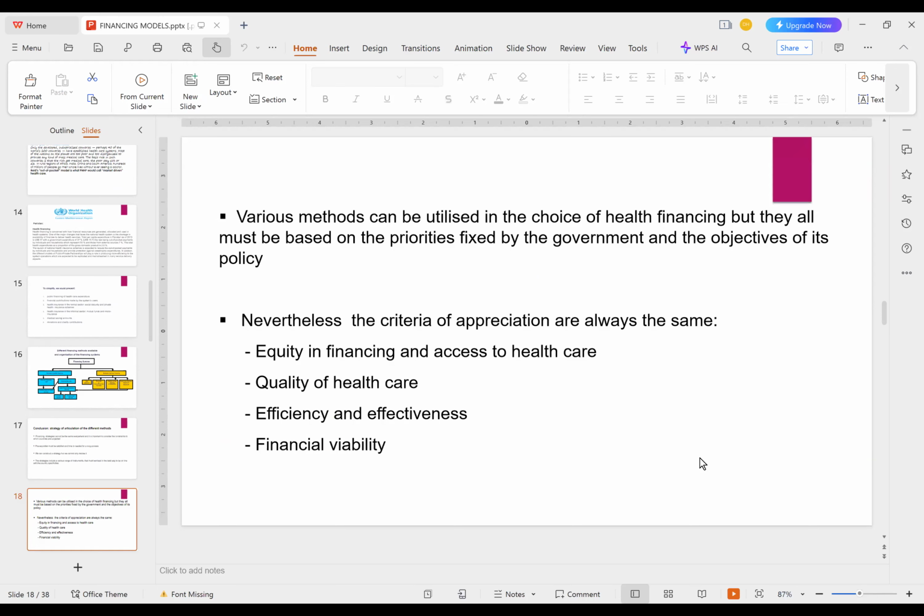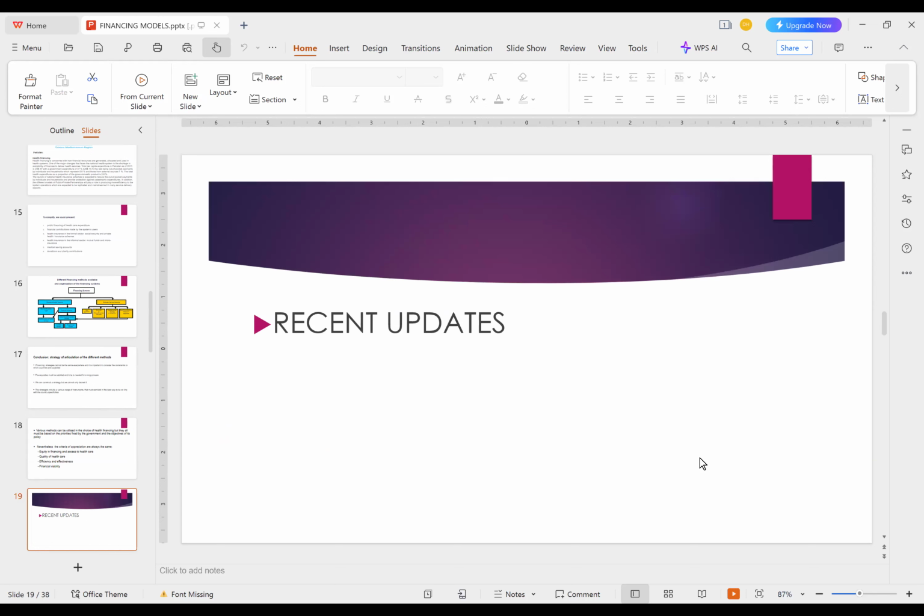Various methods can be utilized in the choice of health financing, but they all must be based on the priorities fixed by the government and the objectives of its policy. Nevertheless, the criteria of appreciation are always the same: equity in financing and access to healthcare, quality of healthcare, efficiency and effectiveness, and financial viability.